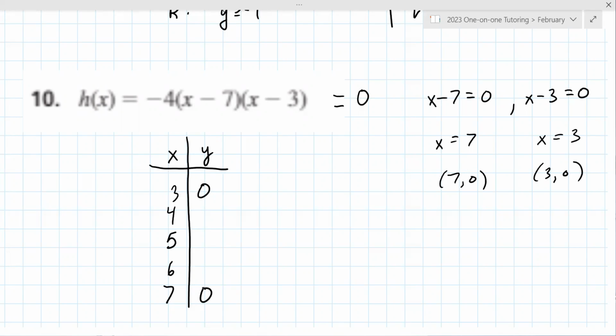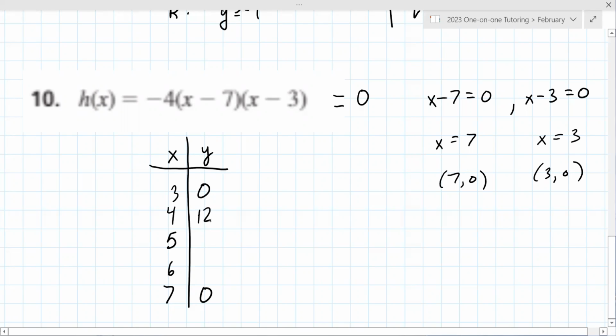Negative 4 minus 7 times 4 minus 3. So then 4 is 12. Okay. So then 12 for 4 and then 12 for 6. So then just plug in 5. And then 5 would be 16.